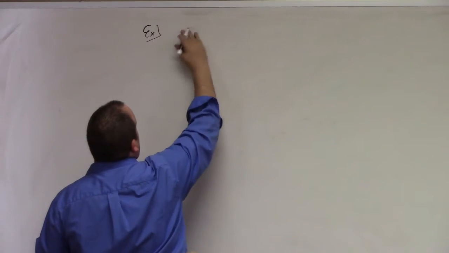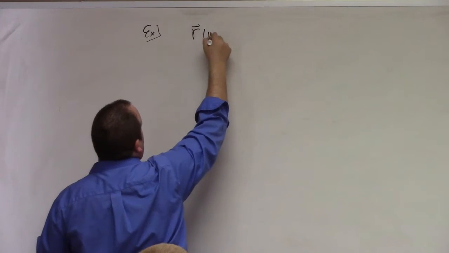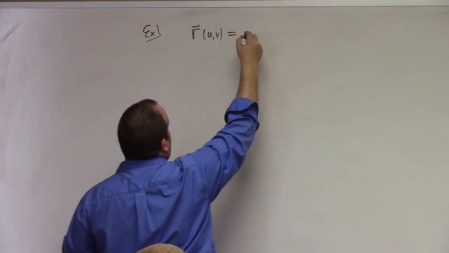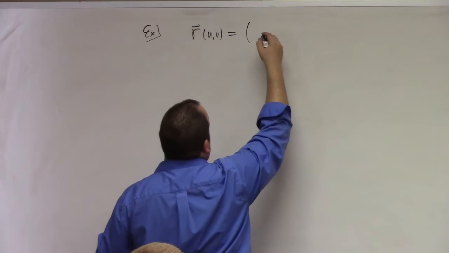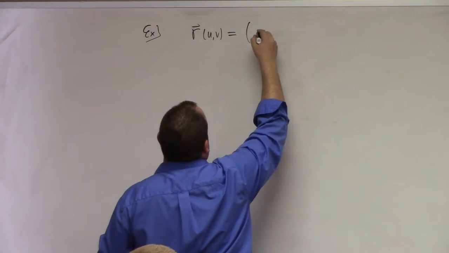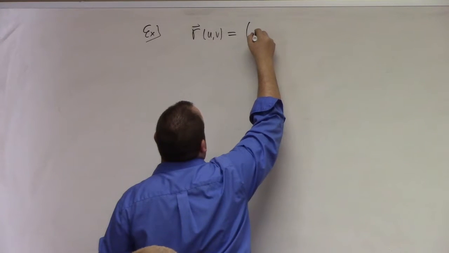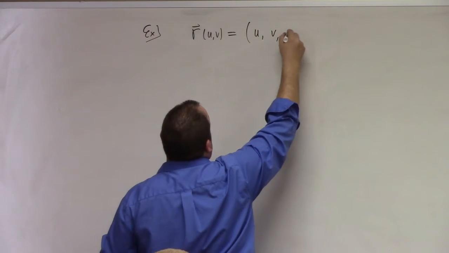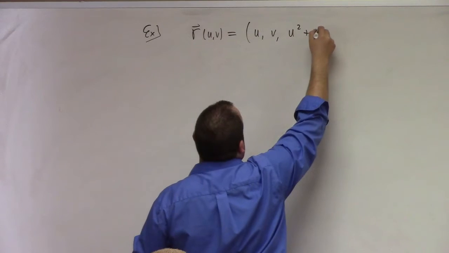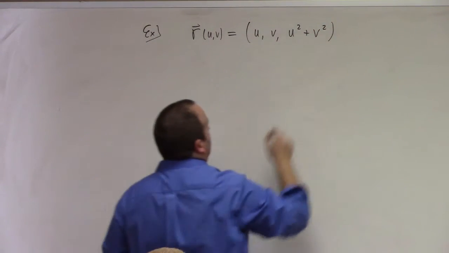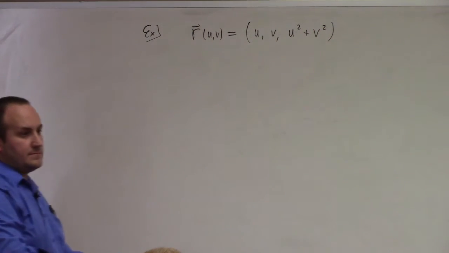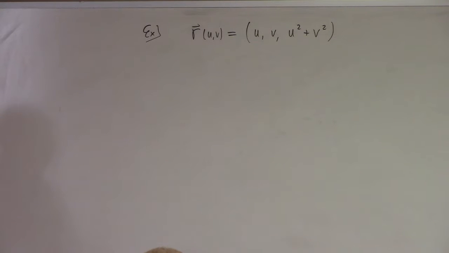So r of uv could be what? Could have been something like, I don't know, u comma v, u squared plus v squared. Now, this technically is what?